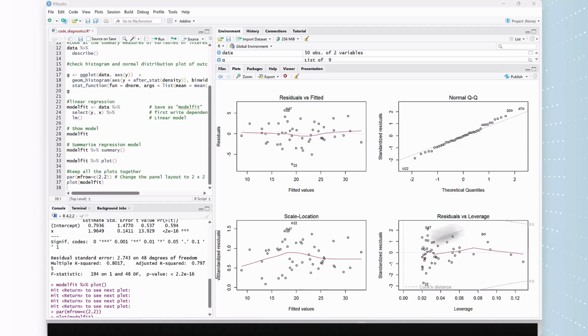So in this figure here, in my R window, in the residual versus leverage plot, we do not see data points with high residuals and high leverage, or a high Cook's distance.